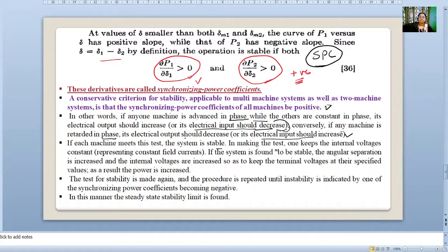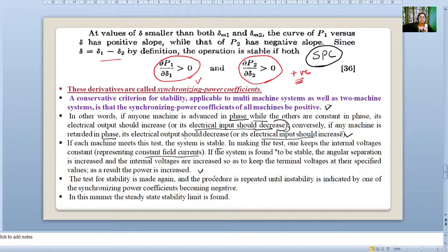In making the test, one keeps the internal voltage constant, representing constant field current. If the system is found to be stable, the angular separation is increased and the internal voltage is increased so as to keep the terminal voltage at the specified value. As a result, the power is increased.